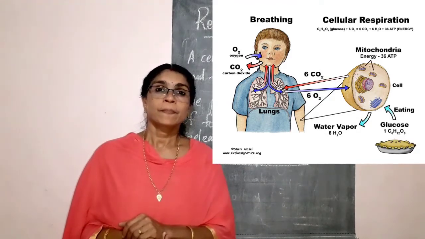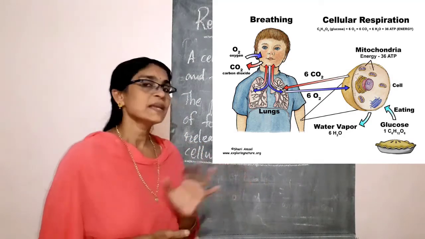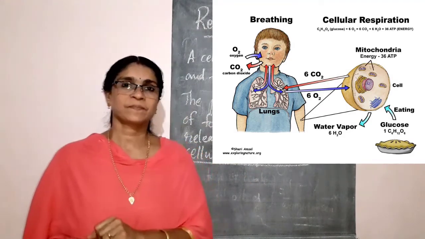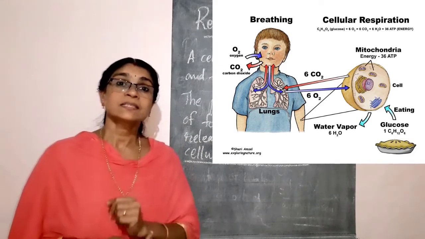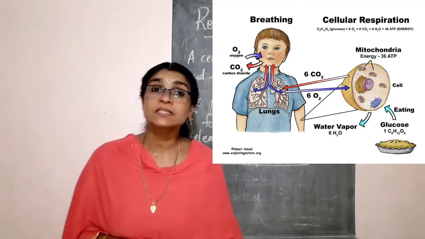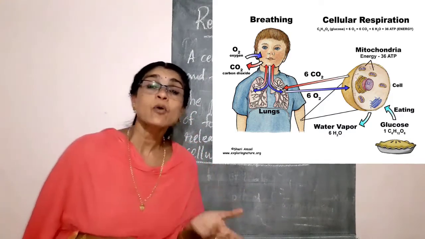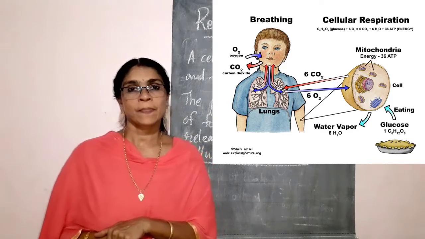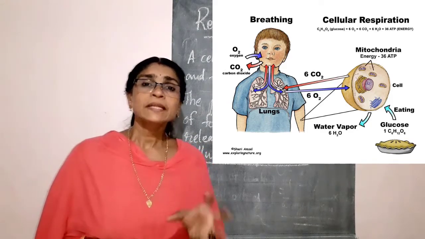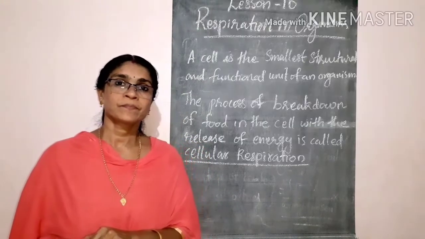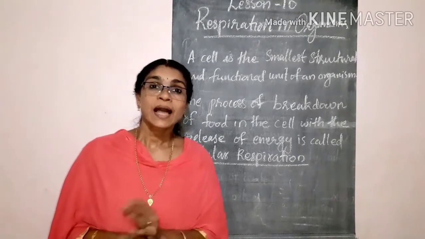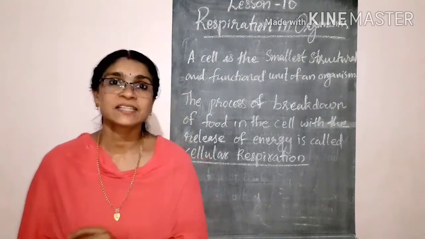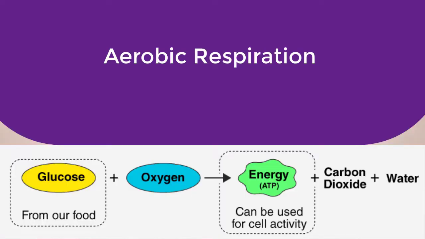Inside the cell, respiration takes place in two ways. One is with the presence of oxygen and the other is without the presence of oxygen. The breakdown of food with the presence of oxygen into carbon dioxide and water plus energy is called aerobic respiration.